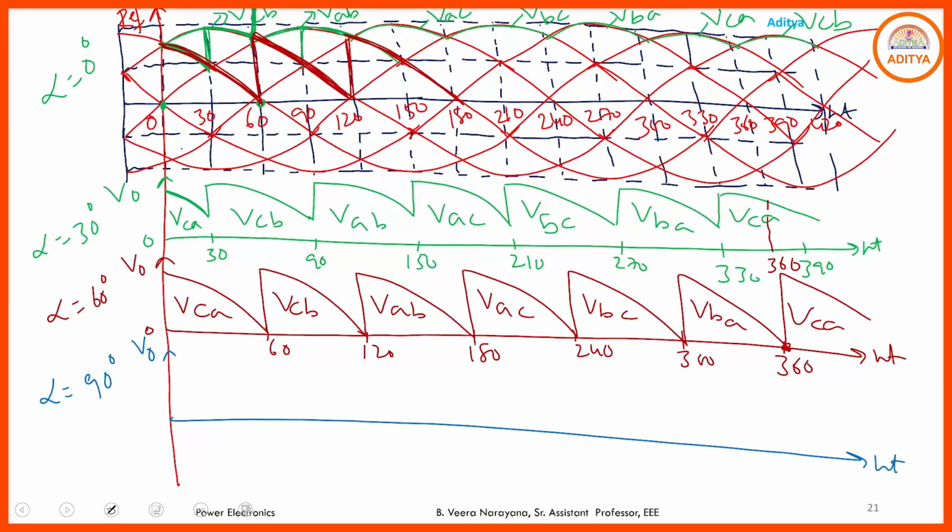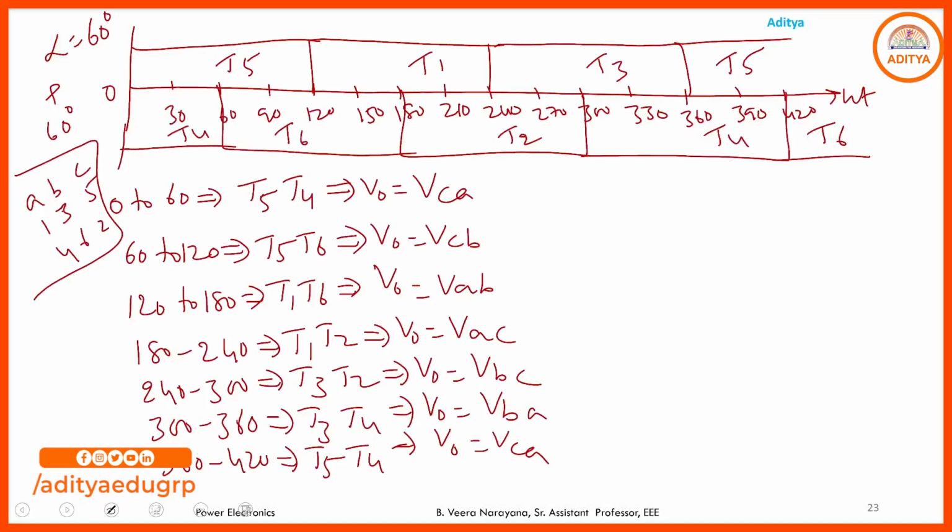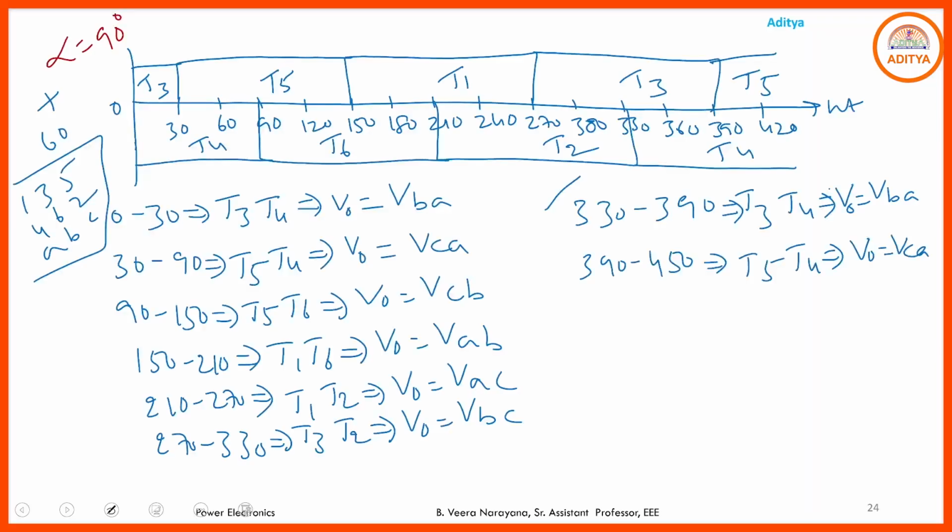So 0 to 30, what are you getting as output voltage? 0 to 30 VBA, 30 to 90 VCA. First we go through the VBA curve.